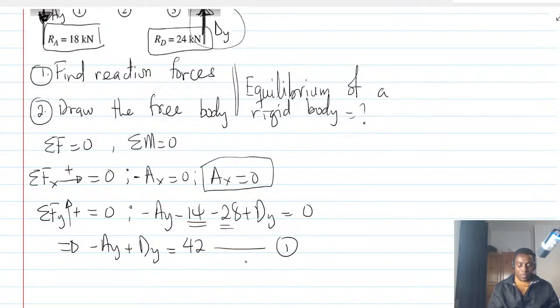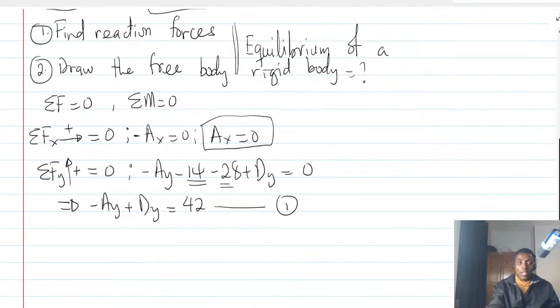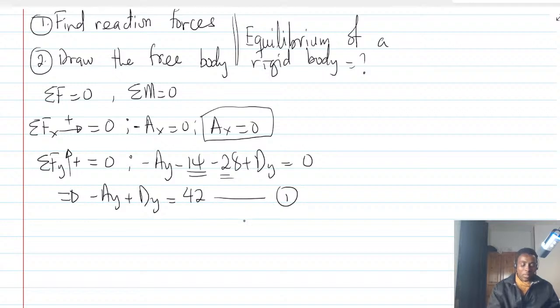So this is equation 1. Let's go to moment.